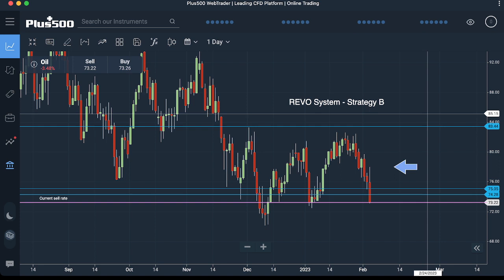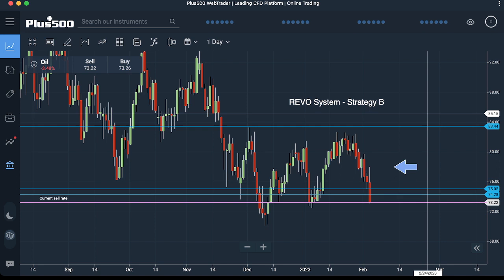But the target profit will be determined using the 1-hour chart, and for the stop loss, it's going to be a different technique, as we already discussed.